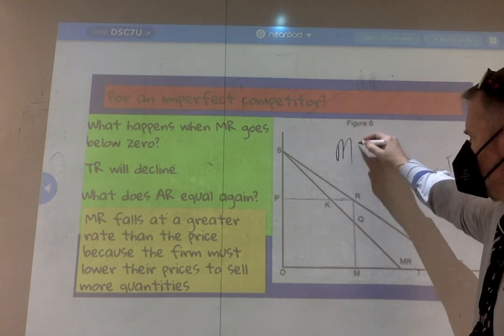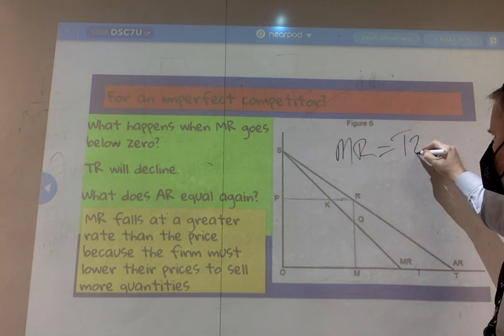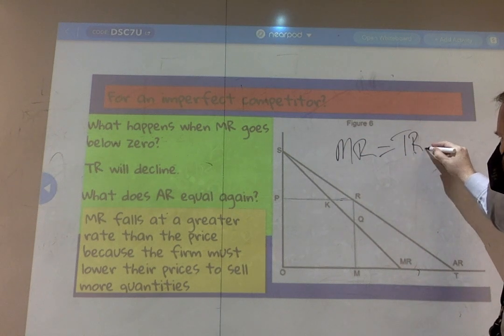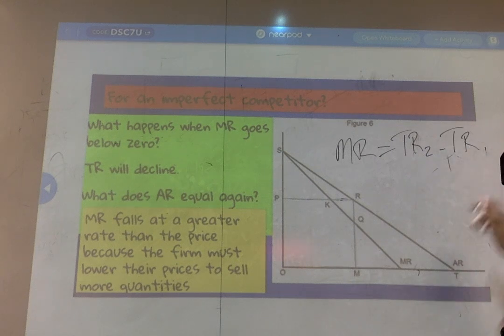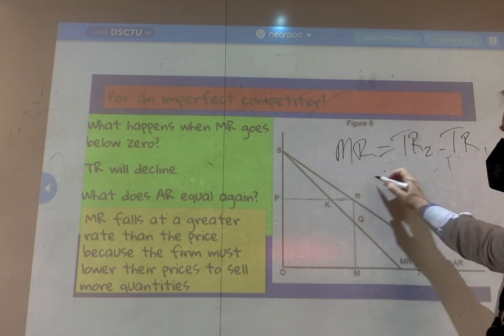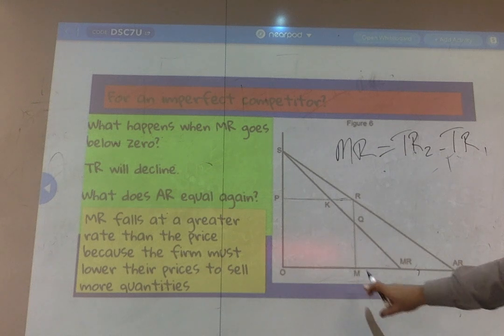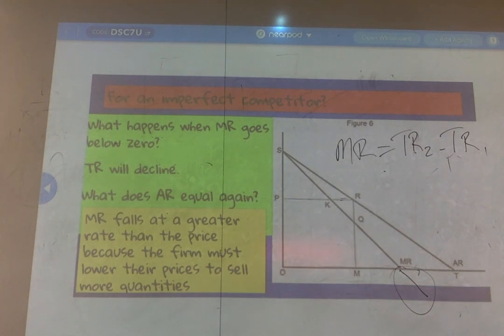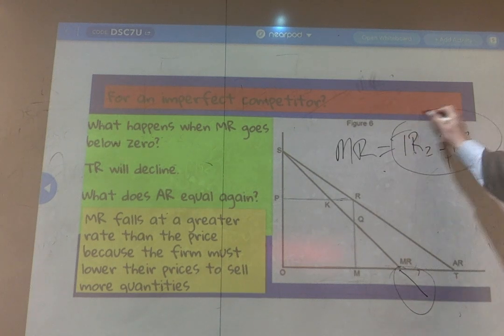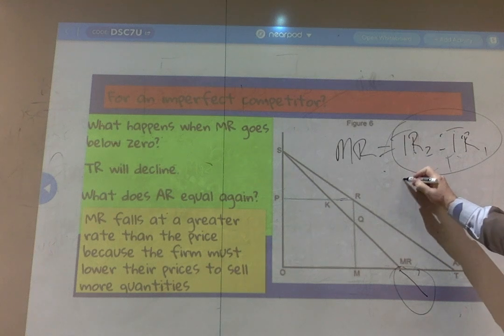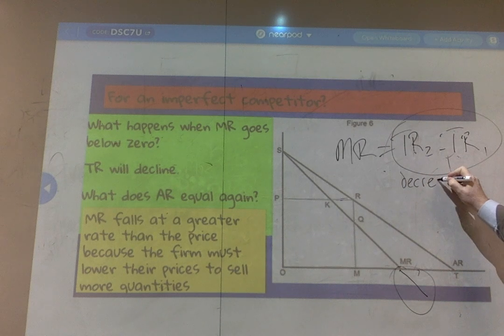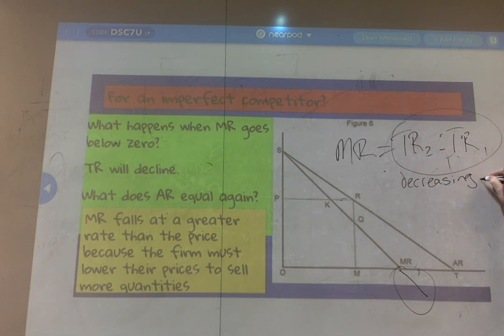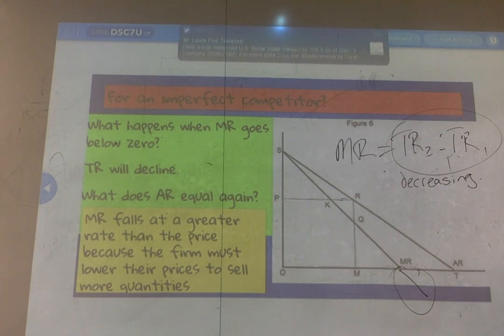Marginal revenue equals total revenue 2 minus total revenue 1. So if marginal revenue is negative, for example, because it's gone below down here, then what we're saying is that this calculation is going to have to be decreasing, isn't it? Yep.